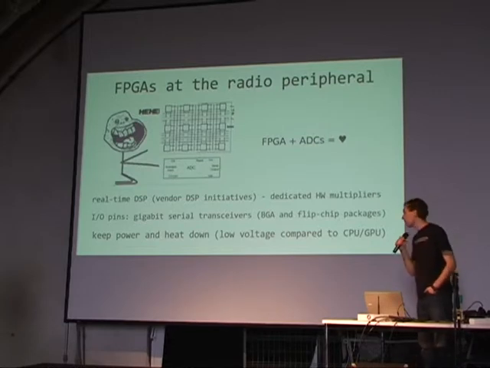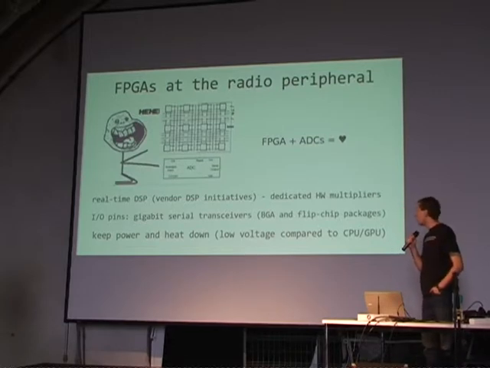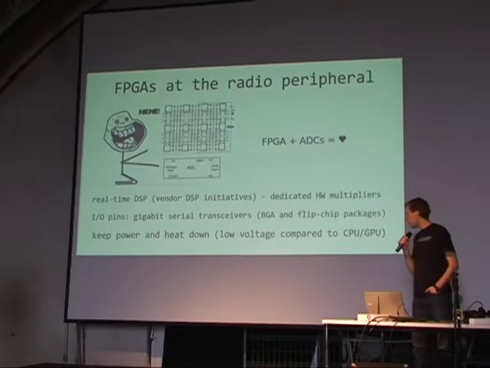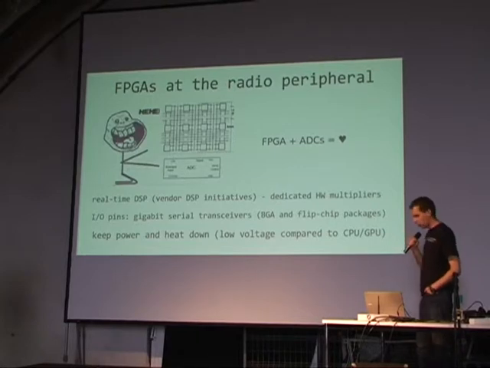DSP is an I/O intensive task, and therefore there are gigabit serial transceivers, BGAs, and flip chip packages. And an FPGA uses less power than your normal CPU that you have at your laptop or so. So it keeps the power and the heat down, and it's a relatively low voltage system.